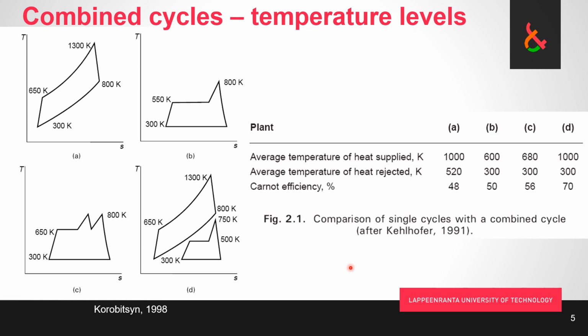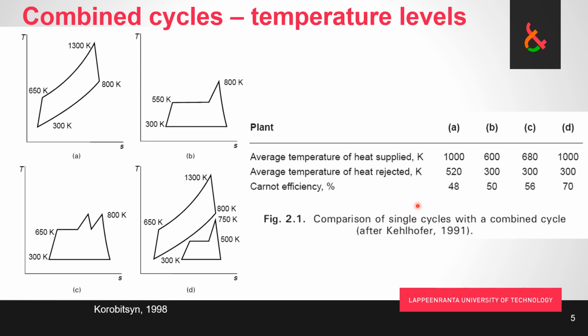So theoretically, if we have either a gas turbine, very high temperature of heat input but also fairly high temperature of heat rejection, or a conventional steam cycle, lower heat input but also very, very low temperature of heat rejection, we get around 50% Carnot efficiencies. Clearly less than that in a real power plant, but this is the theoretical maximum allowable with these temperature levels according to the second law.